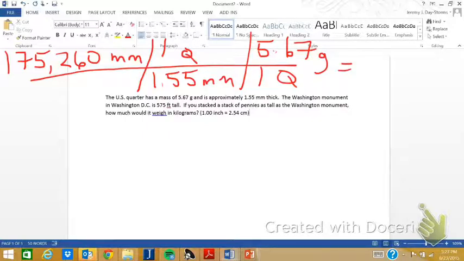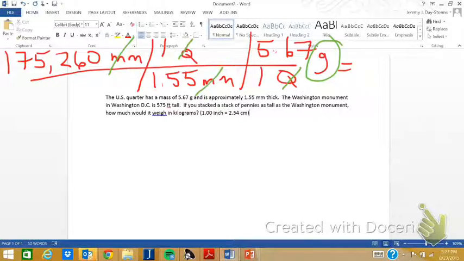So let's see if our units are going to cancel. We have a millimeter on top, millimeter on bottom. We have a quarter on top, a quarter on bottom. The only unit left is grams. Just multiply by everything on the top, divide by everything on the bottom.